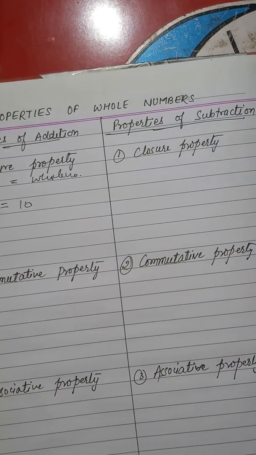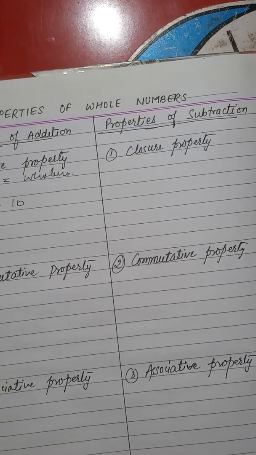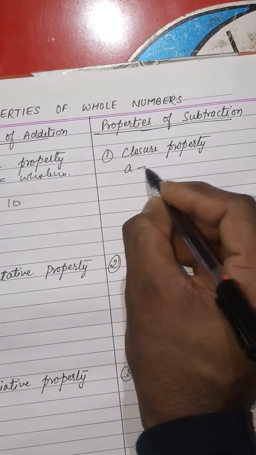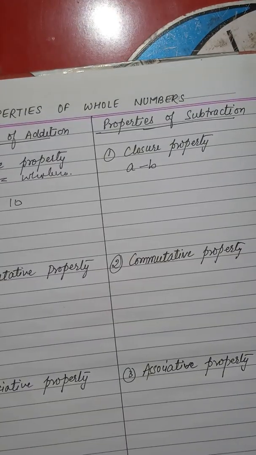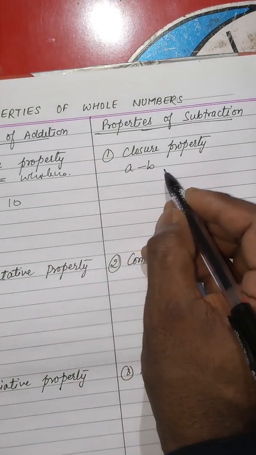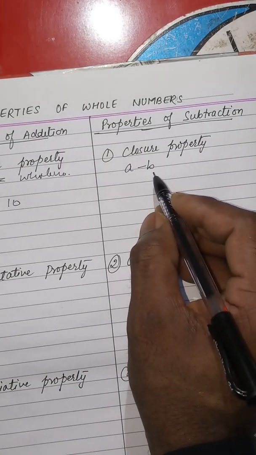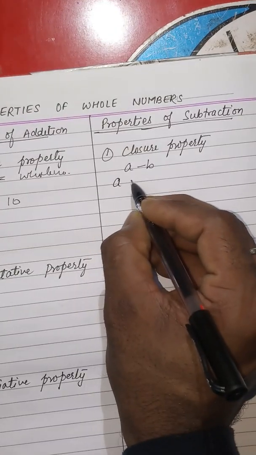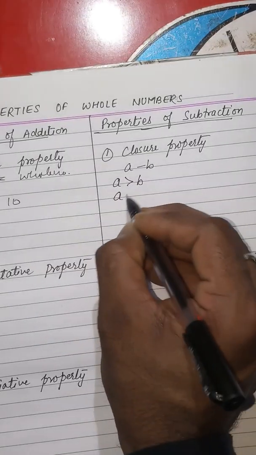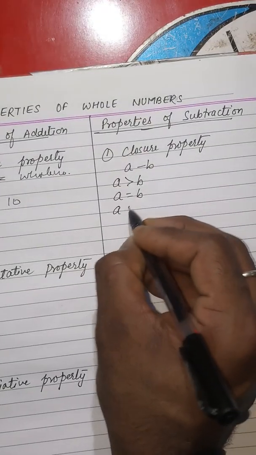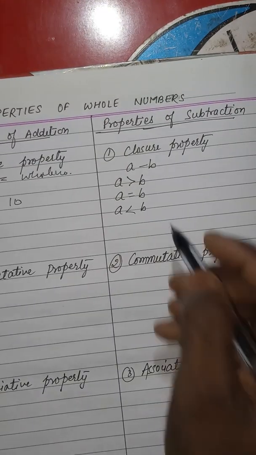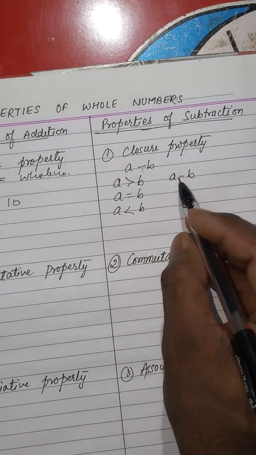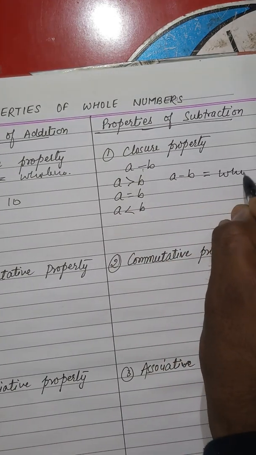Then, in terms of the properties of subtraction, the first property is the closure property, which says that if A and B are two whole numbers and we subtract them from each other, we have three cases: A is greater than B, A is equal to B, and A is smaller than B. In the first case, if A is greater than B and we subtract B from A, we get a whole number.